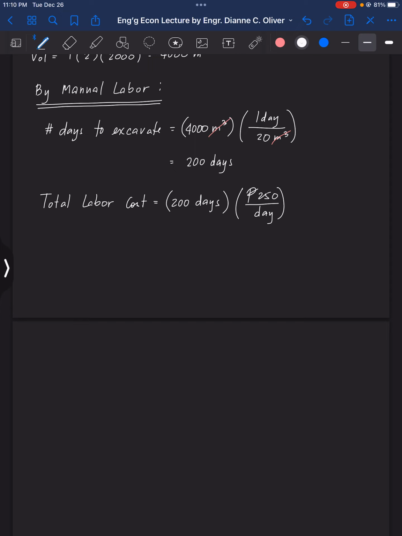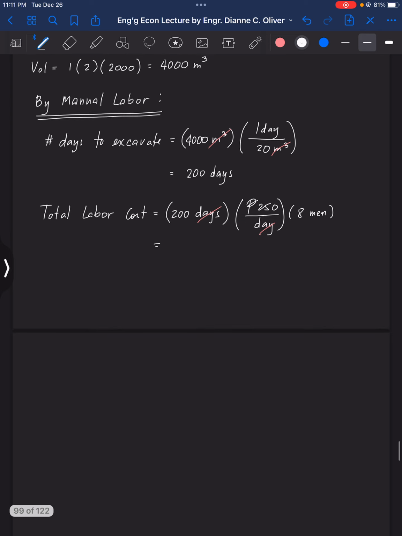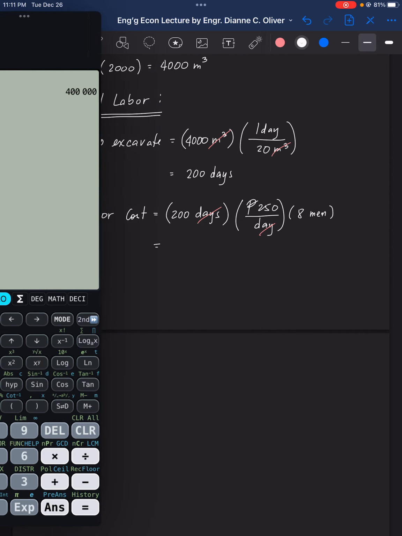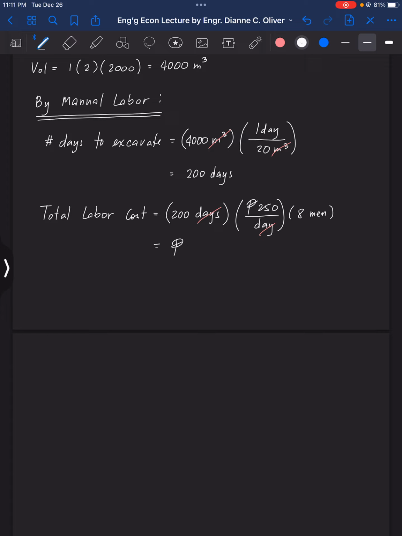So we can now cancel out here days. Then we will multiply it with the total of 8 men. So 200 times 250 times 8. So that is a total of 400,000 pesos. So total labor cost.